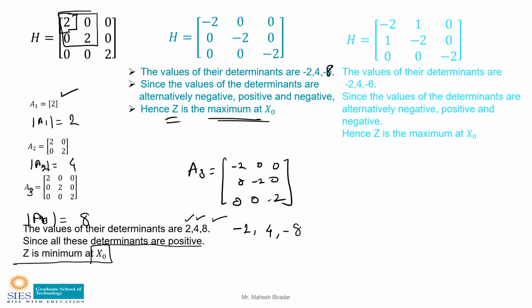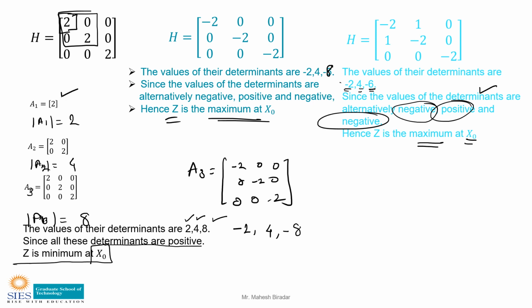Same again in the case of the third example, here the eigenvalues are minus 2, 4 and minus 6. So negative, positive and negative. Since the values of the determinant are alternately negative, positive and negative, then Z is maximum at x naught.